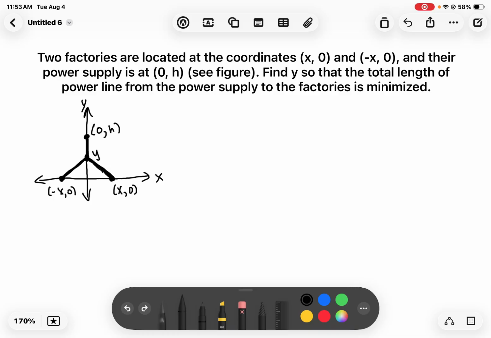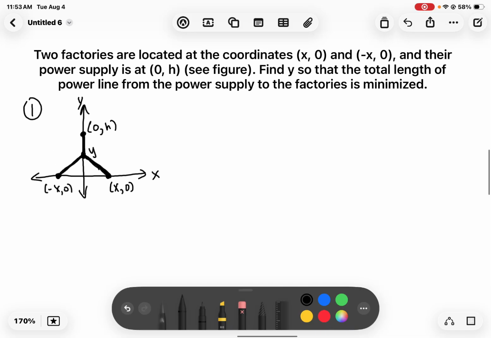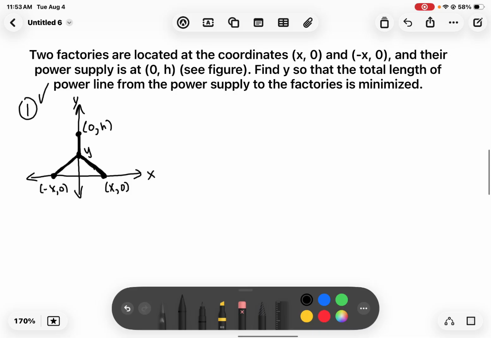We already have a picture, right? So step 1 for us is complete. Now step 2 is to identify the constraints on our variables. First, let's notice that h and x0 are not variables, they're constants, because the problem gives them to us.